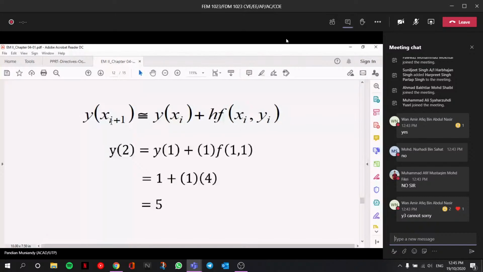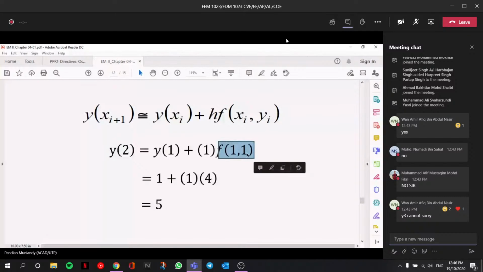So I want to find y3. So this one, my y at x2 is 5. 5 plus, my h still 1, but f is 2, 5. Change this.